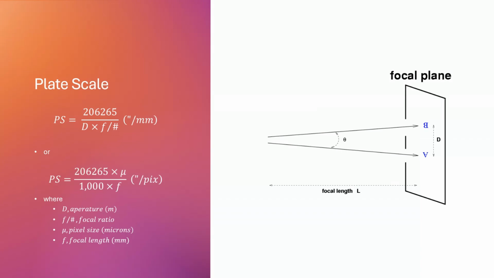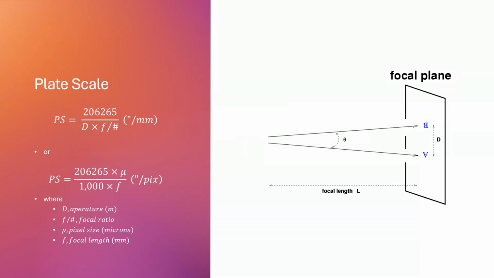The first one will tell you what the pixel scale is in terms of arc seconds per millimeter. So if you were to take a linear distance in millimeters across the chip, that number would tell you how many arc seconds are across that millimeter.